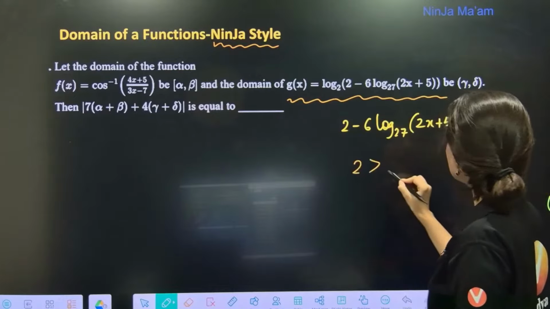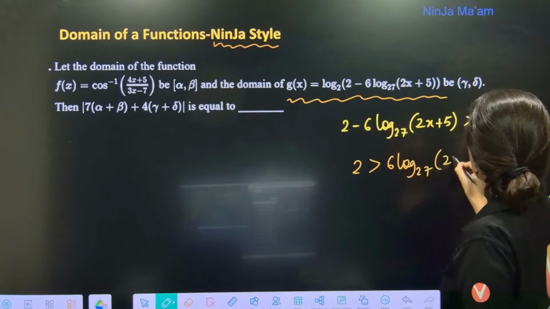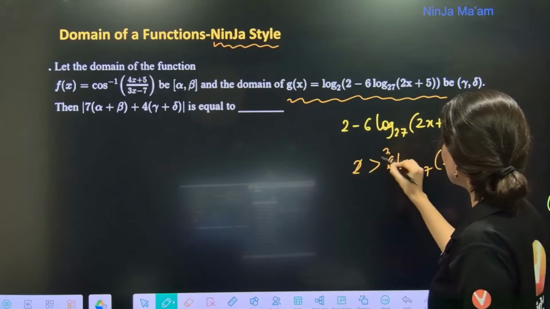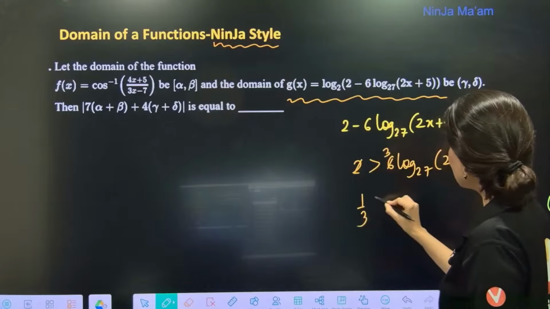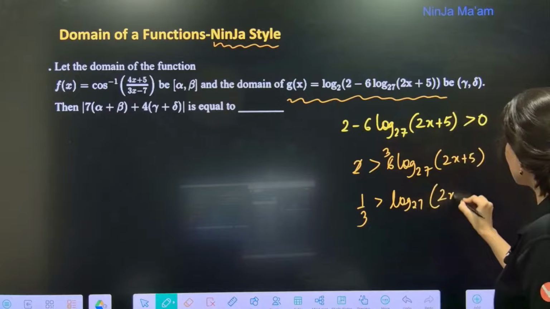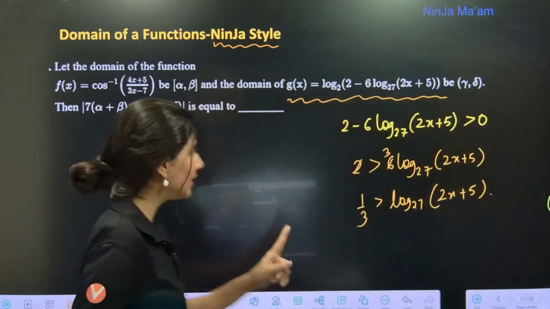So 2 is greater than 6 log base 27 of (2x plus 5). Correct? Now this is 2, this is 3. So 1 by 3 is greater than log base 27 of (2x plus 5). Okay? Alright, now understand.